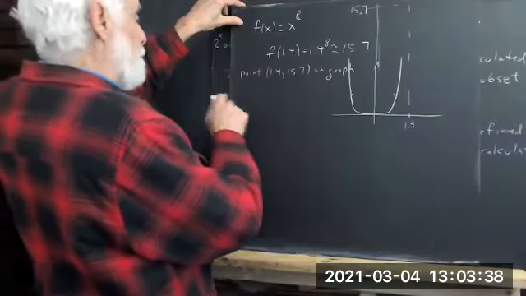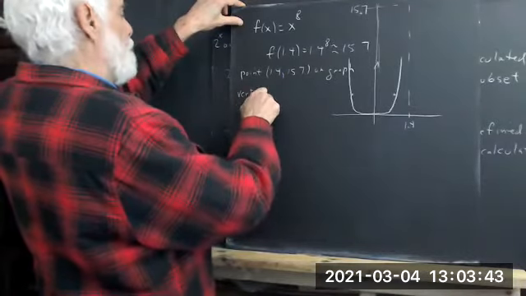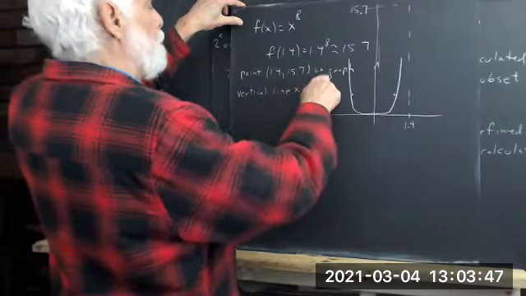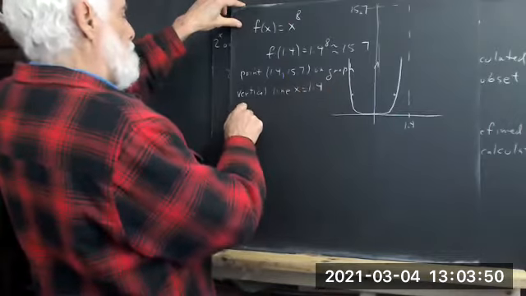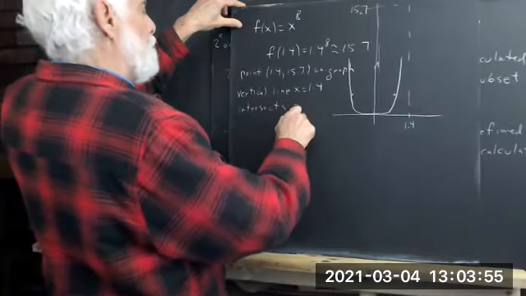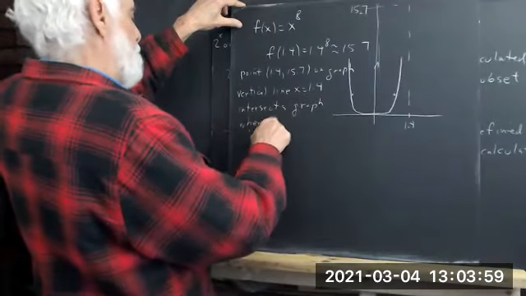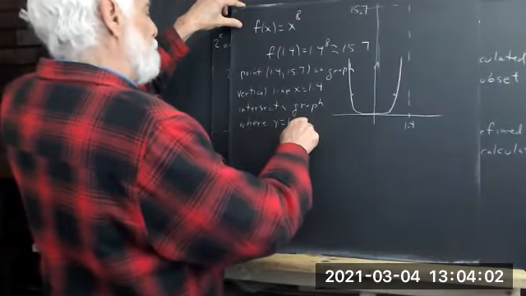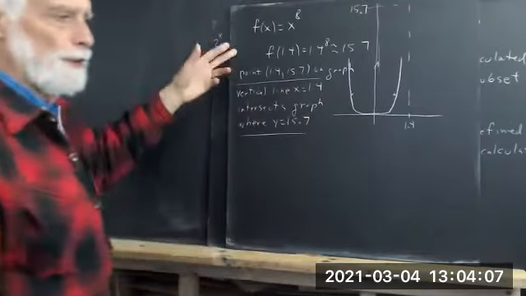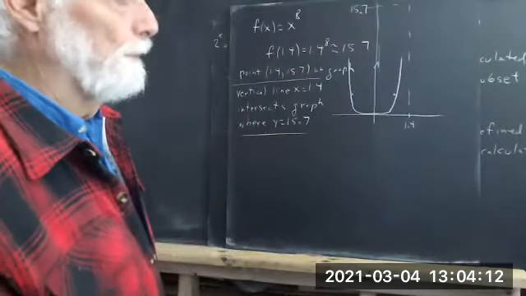You could say that the vertical line x equals 1.4 intersects the graph, so y equals 15.7. You could say things like this to show that you understand what the graph is telling you.